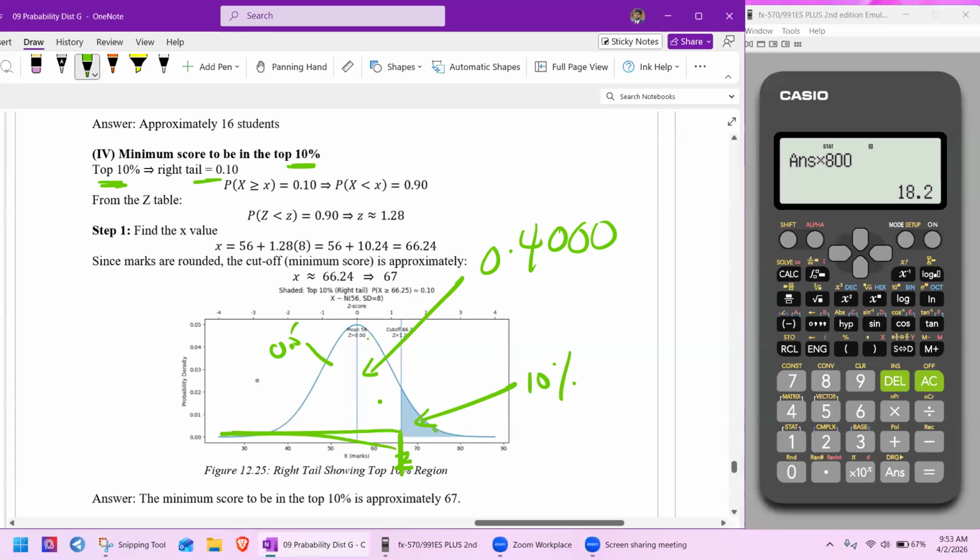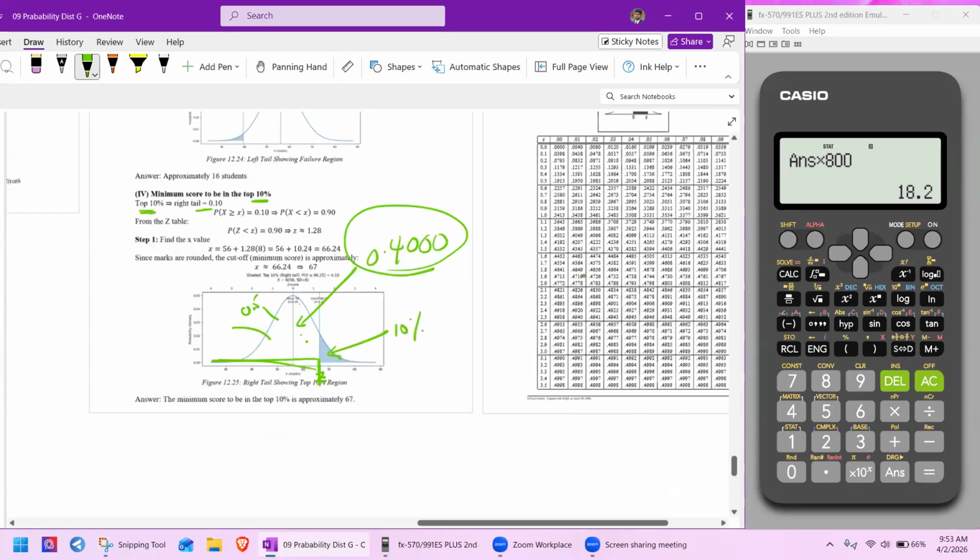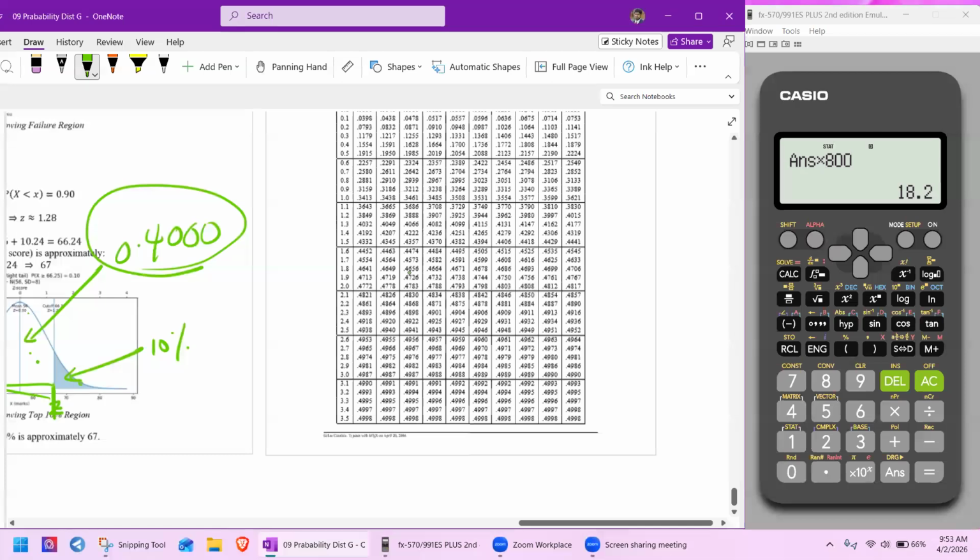So this is 50% and this is 40%, this is 10%, altogether 1. So in the table we can find the value of 0.4, right?